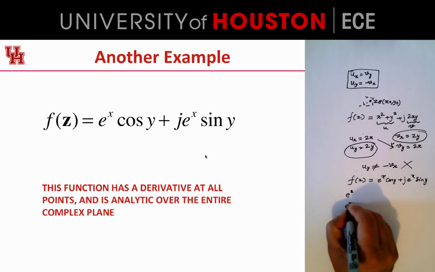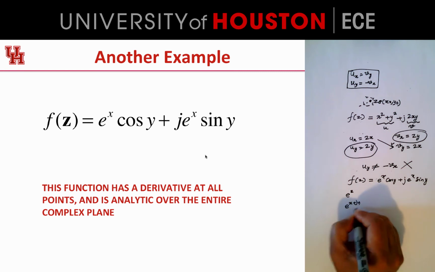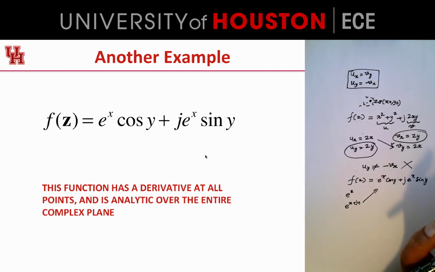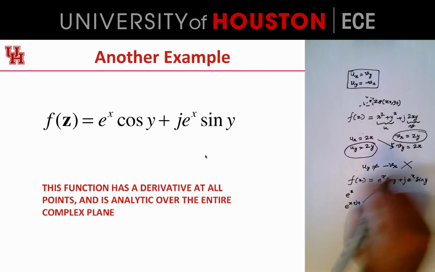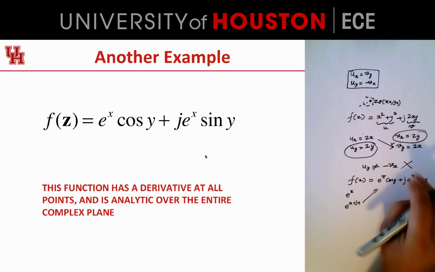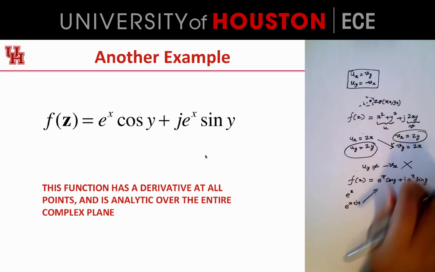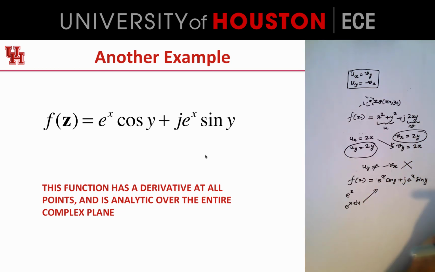So it's like e to the x plus jy, and when you expanded that, you get this function, right? Now this function has a derivative at all points, and it turns out to be analytic over the entire complex plane. So this is a surprisingly well-behaved function. So the most beautiful equation in the world is also very, very well behaved, which is nice.